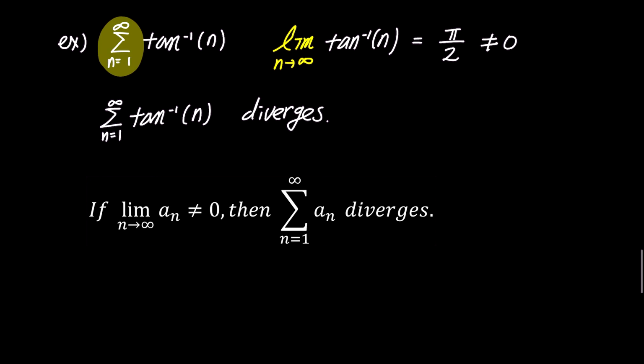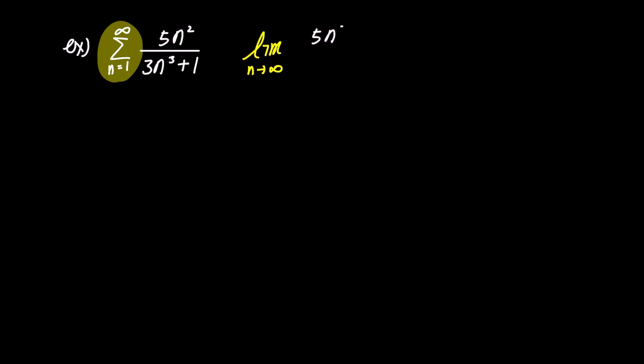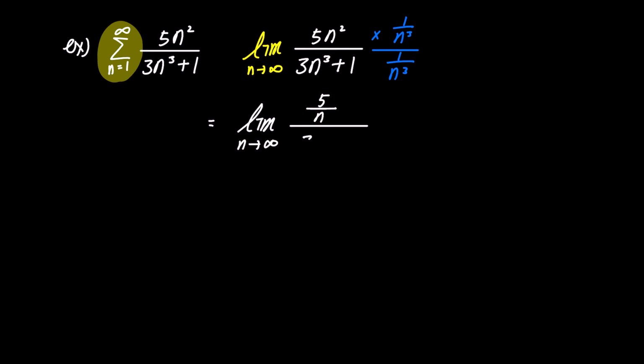Finally, let's delve into the last example. To determine the divergence of the infinite sum of 5n^2 over 3n^3 + 1, I will replace sigma with a limit and examine this limit. The limit of 5n^2/(3n^3 + 1) as n approaches infinity, after multiplying both the numerator and denominator by 1/n^3, becomes the limit of (5/n)/(3 + 1/n^3).